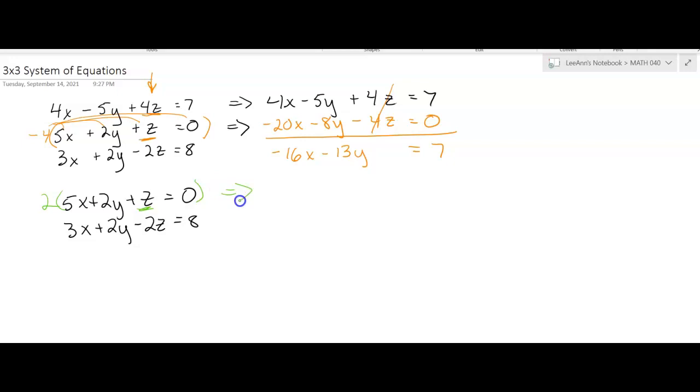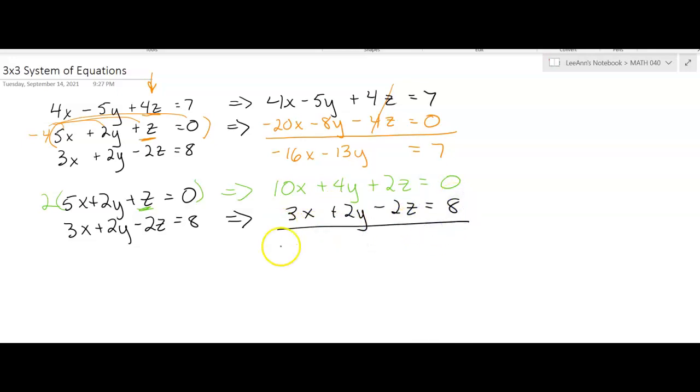So here, I have to multiply all the way across: 10x plus 4y plus 2z equals 0. And this bottom equation is just going to stay the same: 3x plus 2y minus 2z equals 8. Then I'll add those together and get 13x plus 6y equals 8.